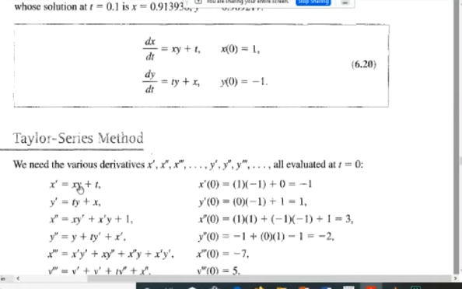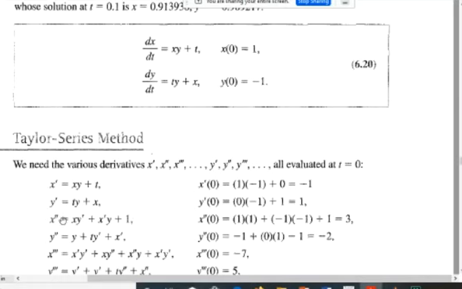The derivative of xy is xy prime plus x prime y. For two terms multiplied by each other, the derivative is the derivative of the first multiplied by the second, plus the derivative of the second multiplied by the first, plus the derivative of t with respect to t.